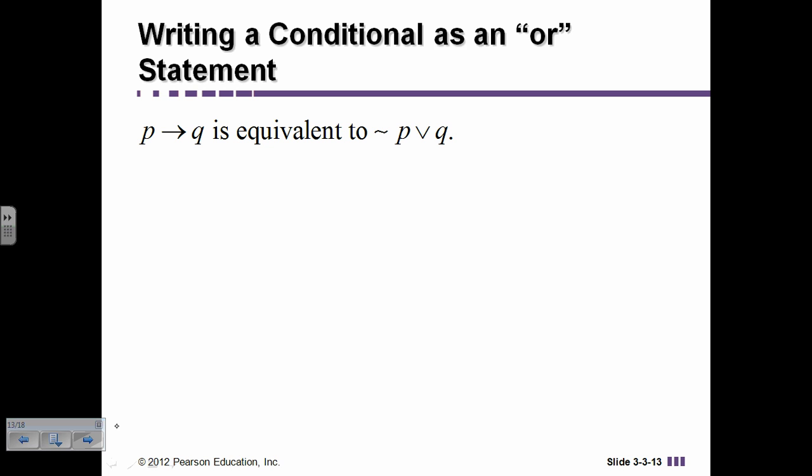Okay, so we're going to do the same idea here. We want to show that P implies Q is equivalent to not P or Q. We're going to do this one slightly different. This time we're going to negate both sides.